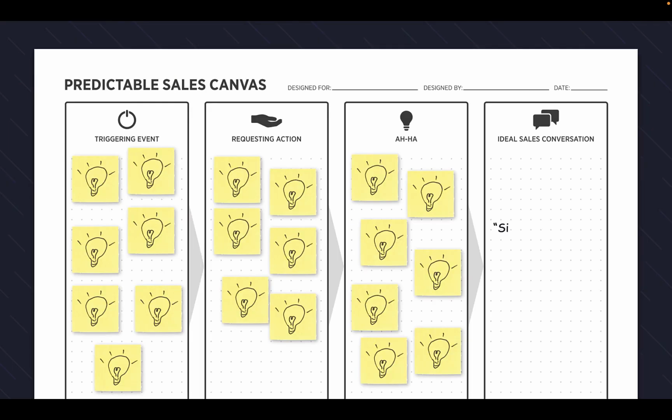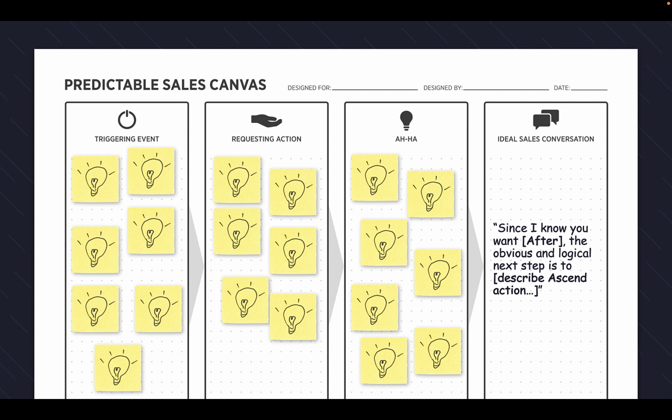So, your ideal sales conversation. Since I know you want blank, the after, the obvious and logical next step is to blank, and then describe that ascend action.